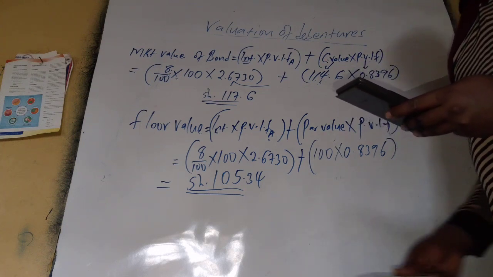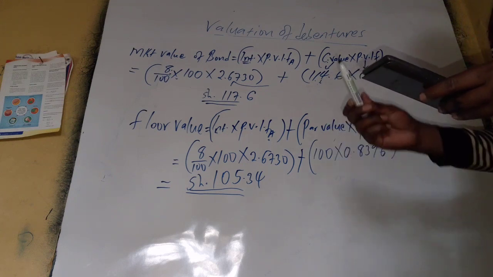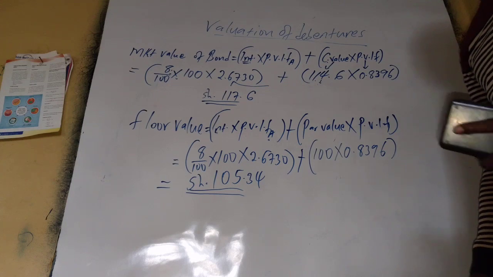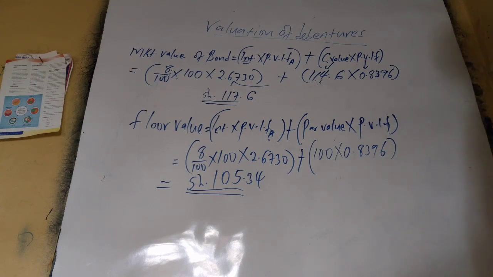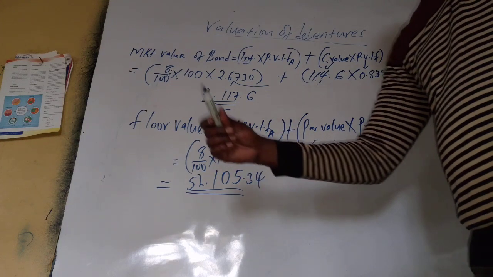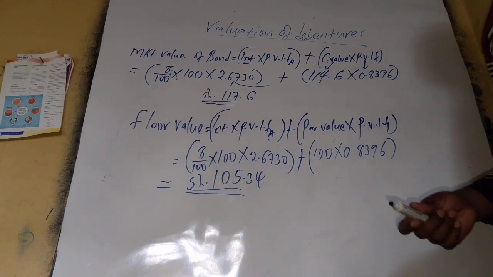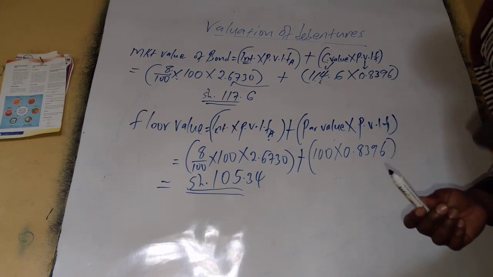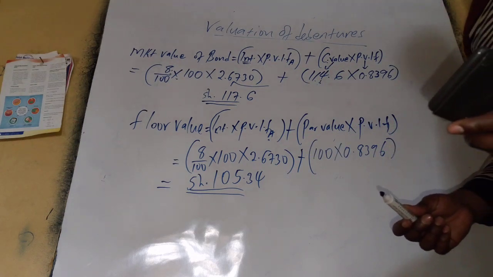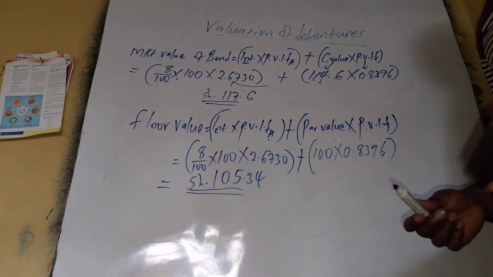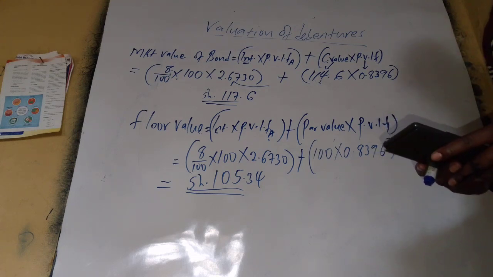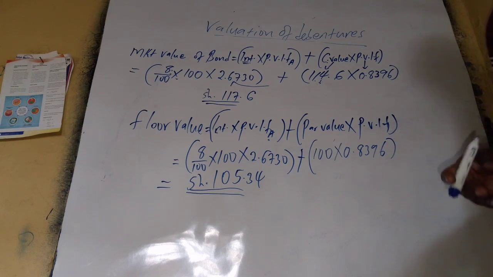When you round it off, you get 12.26. That is the premium. If they want premium per share, you just take that total premium divided by the number of shares. In our question, the number of shares was 30. So I take 12.26 divided by 30 to get a premium of shillings 0.41.